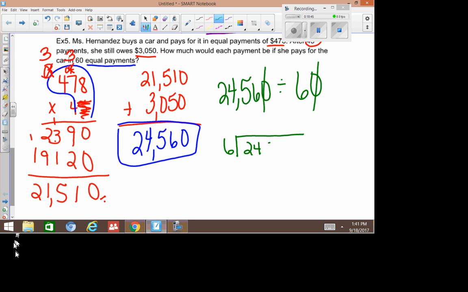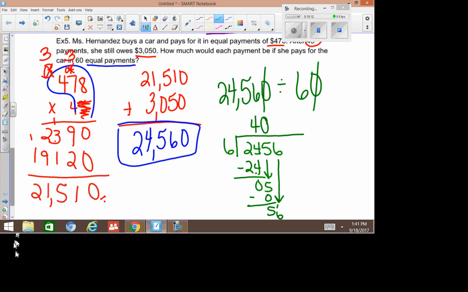2, 4, 5, 6. So it can't go into 2, but it can go into 24. 4 times, and that's 24. Bring down my 5. Can I count by 6s to get to 5? No, so bring down another one. What am I going to put up there though? A 0. First I got to put that 0, and then I have to bring down the other one. So what is that?